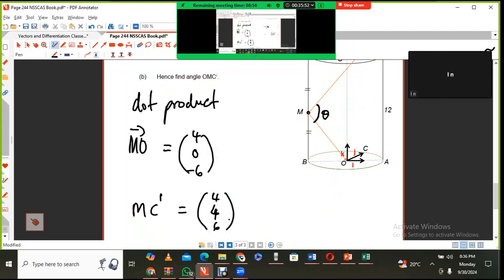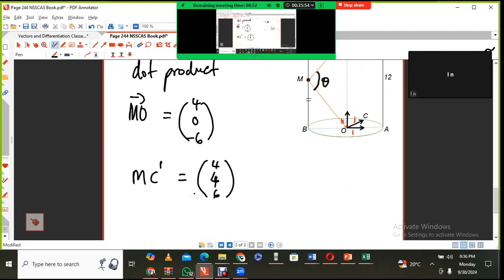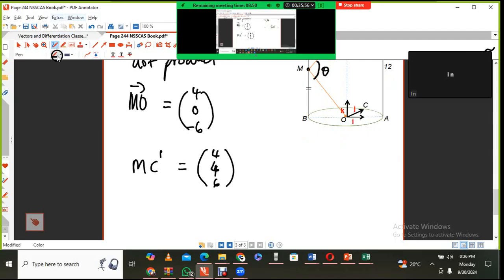Now that we have that, we also need to calculate the magnitude. So let's find the magnitude of MO as well as the magnitude of MC prime. The magnitude of MO would be the square root of 4 squared, which is 16, plus 0 squared, plus 36. 36 comes from -6 times -6.